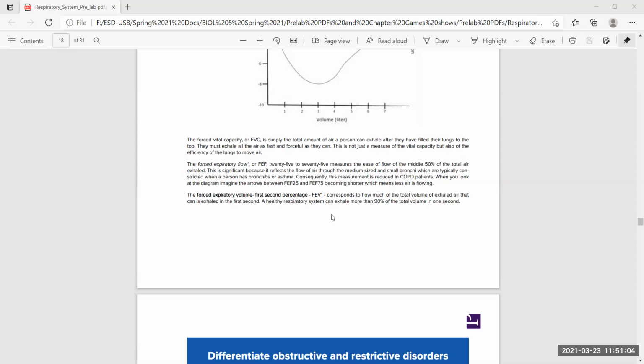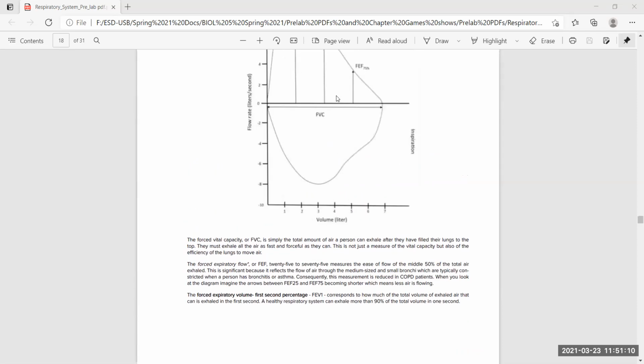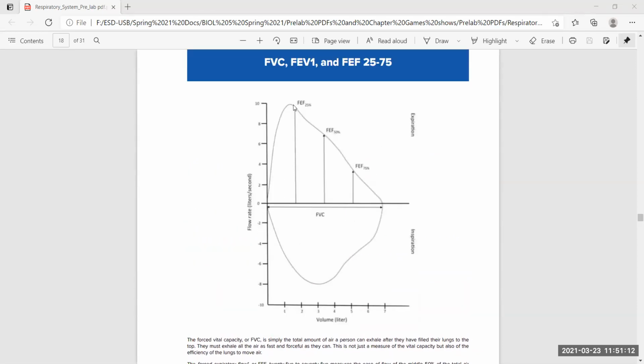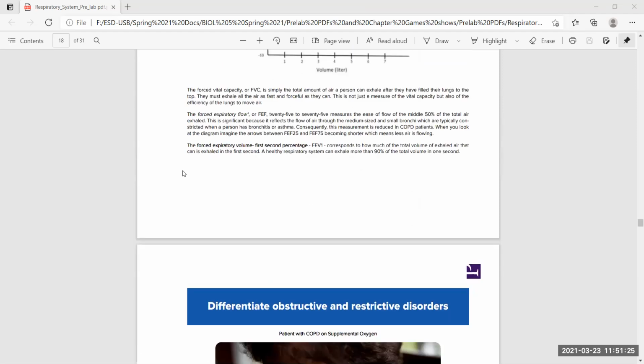A healthy respiratory system can exhale more than 90% of the total volume in 1 second. If somebody has less than 70% of this volume in 1 second, then we call it obstructive pulmonary disorder, like COPD.